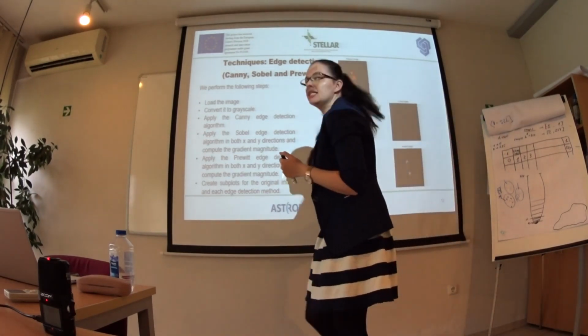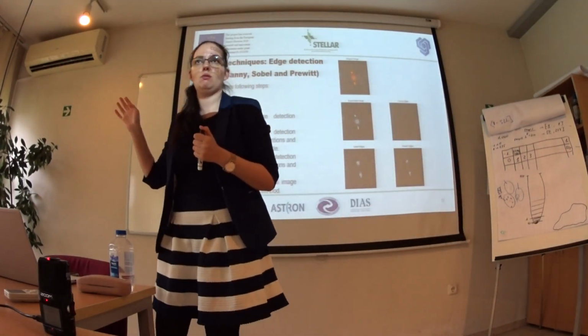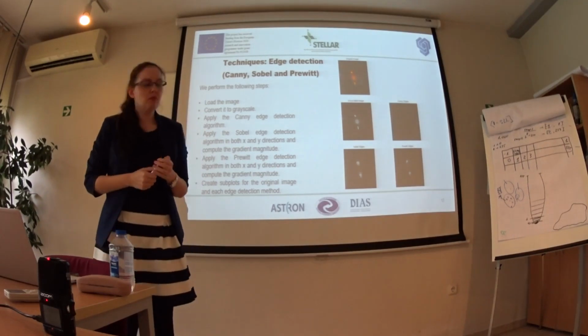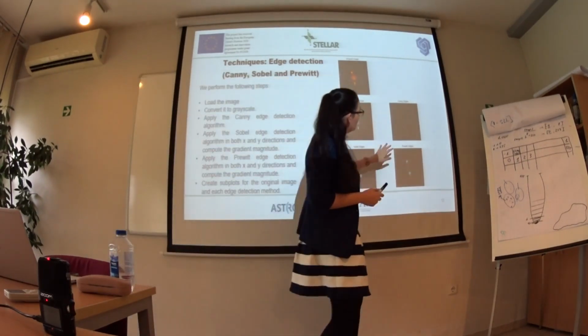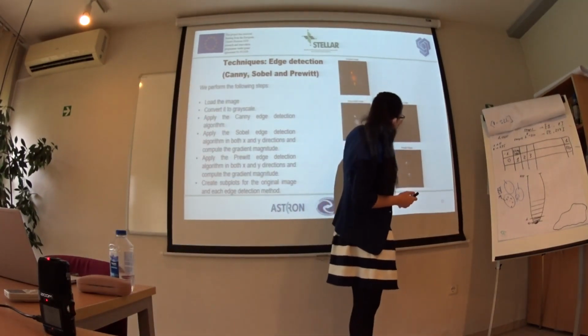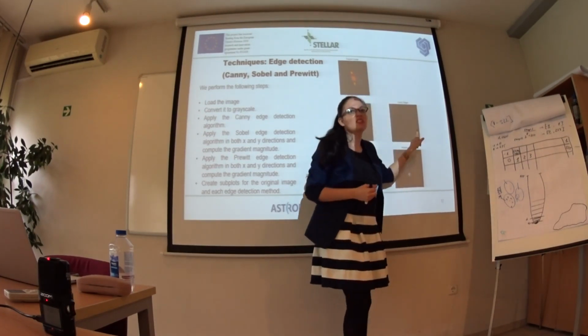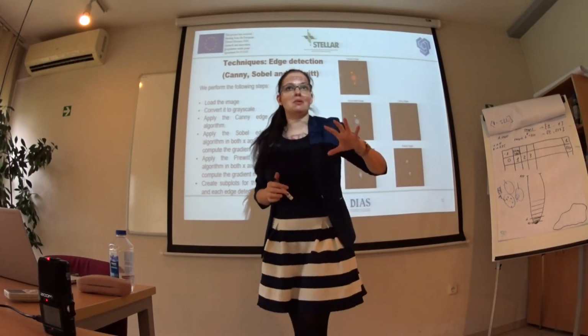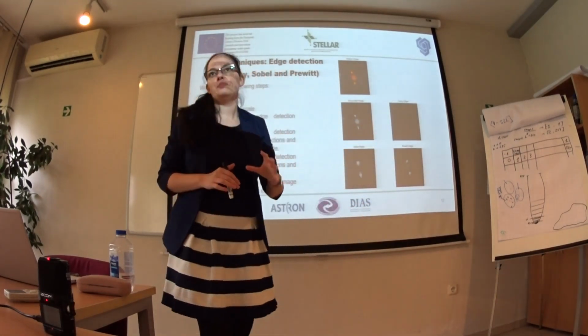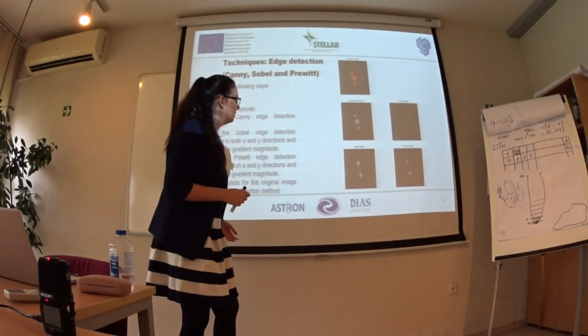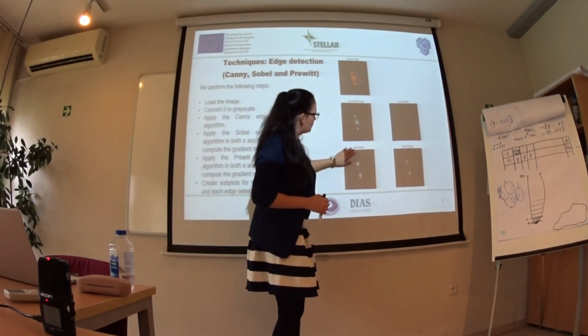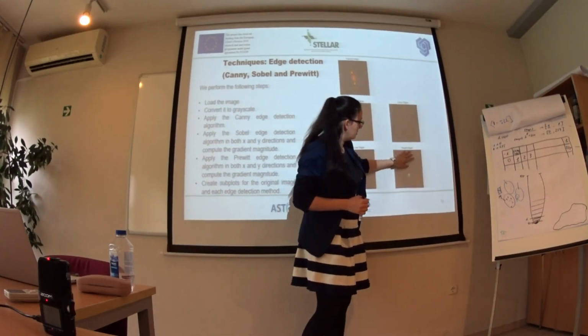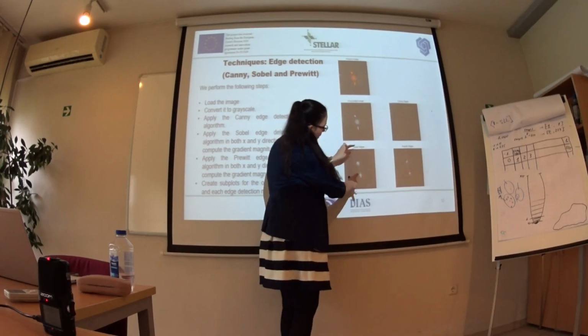For you, probably it's all black. If you go further, you can see that there is some really small edge that is probably there, but really hard to see. But for Sobel and Prewitt, let's look closer.